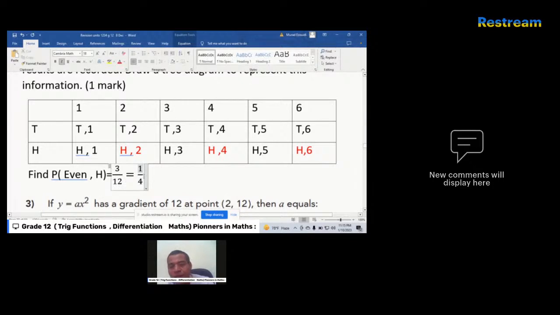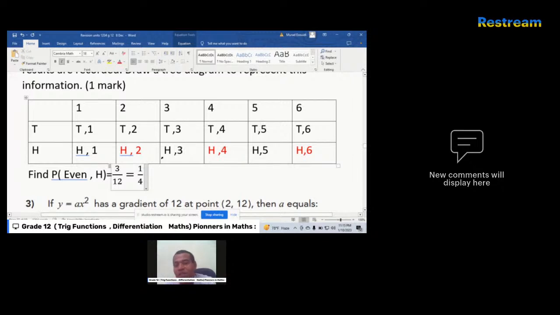For example, here, learners, the question is find the probability of, let's say, prime numbers, and also I will obtain a tail. So 2 is a prime number, this is a prime number, and this one is a prime number.